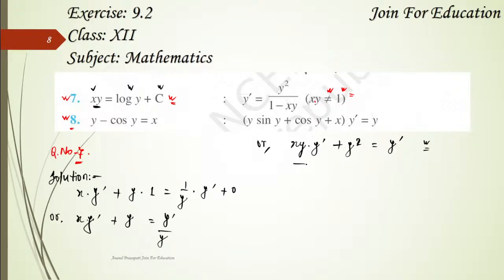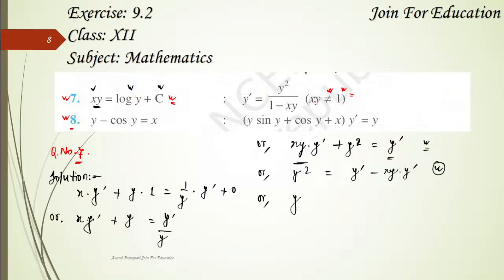We keep y' on the same side. Therefore, I move xy·y' to the right hand side. Then in the left hand side, we have y² = y' - xy·y'. Hope that there is no problem to understand up to this step.